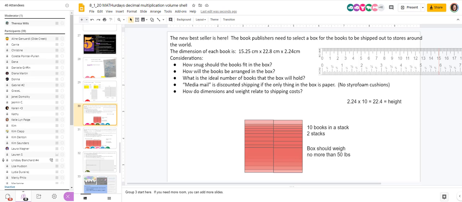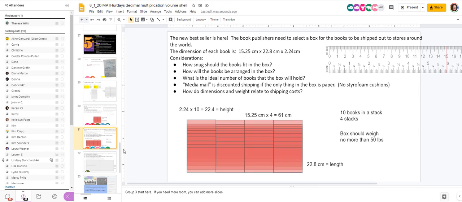Yes, so there's a person in our group who had a book around the same size of the dimensions that were given for this book. Based off of that size, he laid it down and looked at the four across, and it seemed like a decent sized box. Because the books are a little bit smaller, that seemed like it could still fit in a box and it would be a reasonable size.